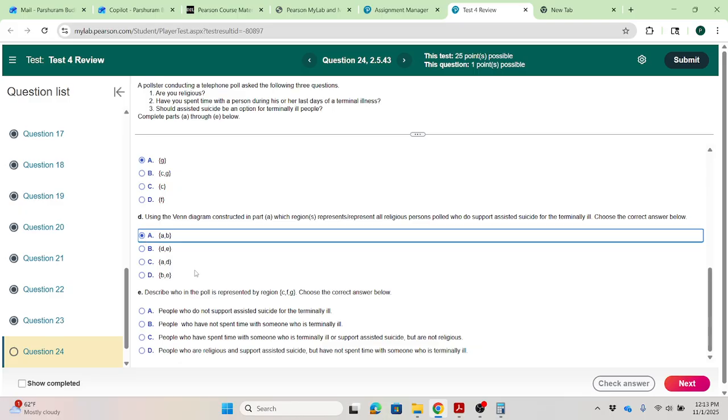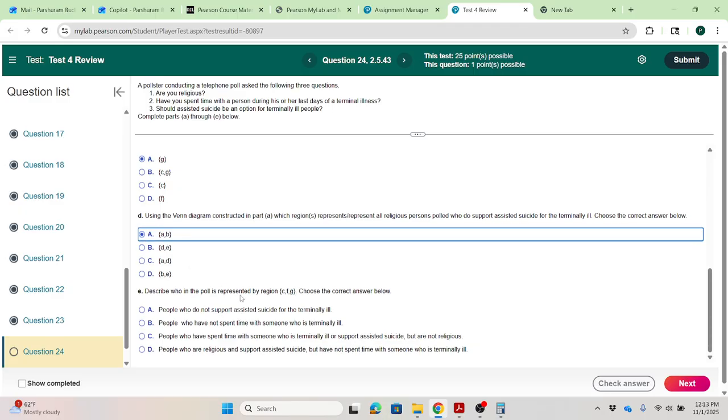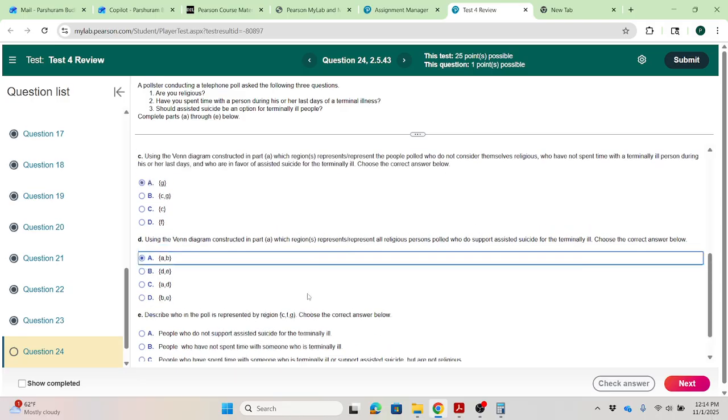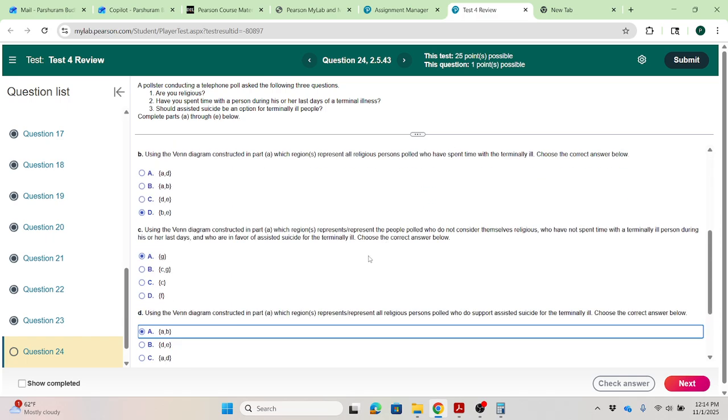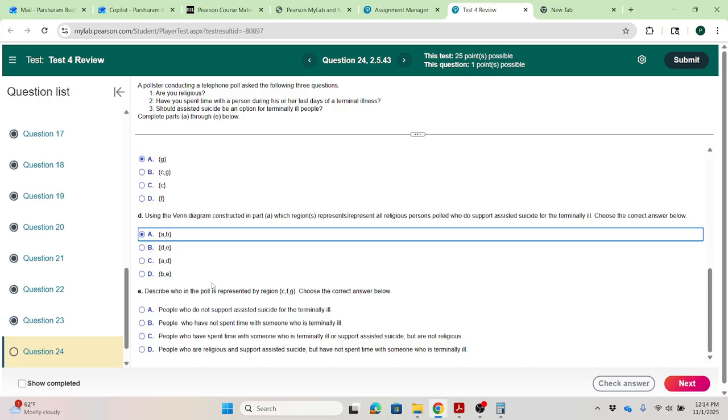AB. And then describe who in the poll is represented by region CFZ. CFZ, they are non-religious persons, and they support both. So people who have spent time with someone who is terminally ill or supported assisted suicide but are not religious.